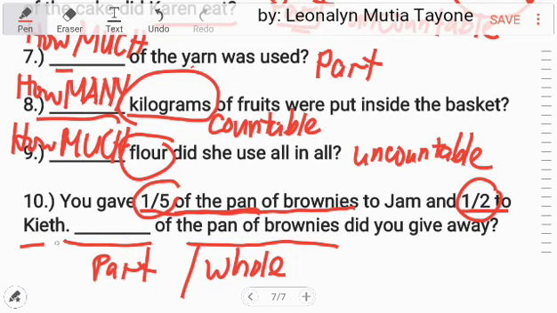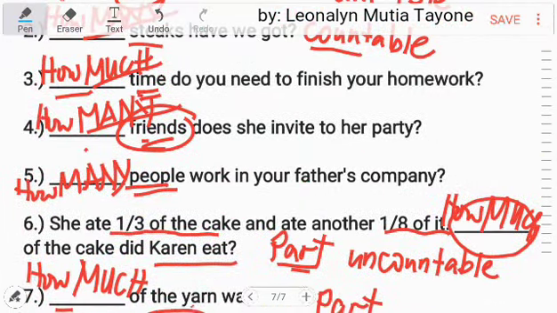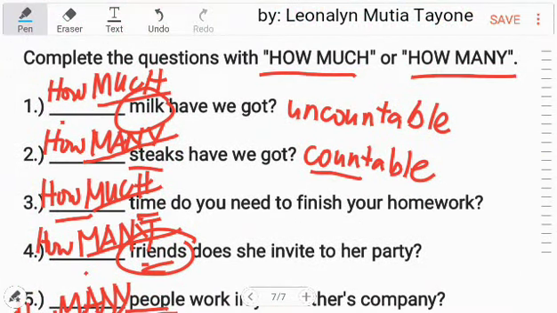Ilan sa part doon sa isang pan of brownies na binigay niya? Ibig sabihin, part. Now, kapag part lang siya, dapat ang question mo is how much of the pan of brownies did you give away?